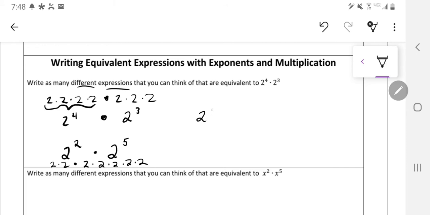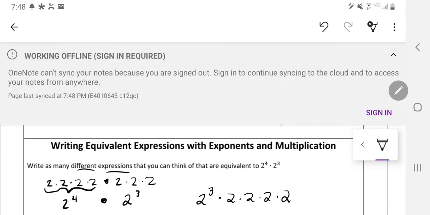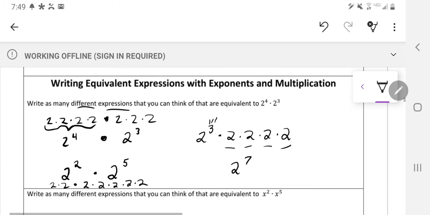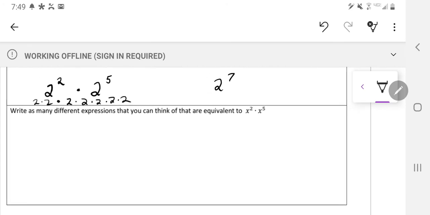You could do something like this: 2 to the 3rd times 2 times 2 times 2 times 2. Well, how many times is 2 used as a factor there? We have 1, 2, 3, 4, 5, 6, 7, right? So that's still 2 to the 7th power. All right, so that's our little way of understanding why we can add the exponents, right? Because those exponents tell you how many times you'll use the base as a factor.